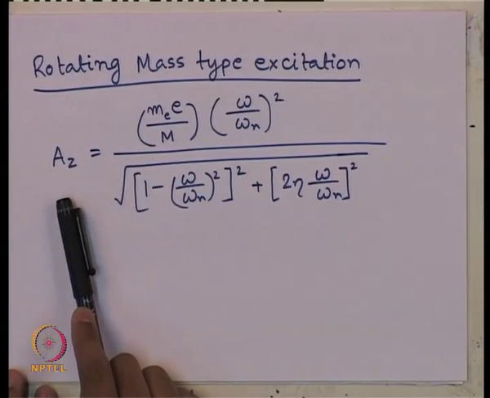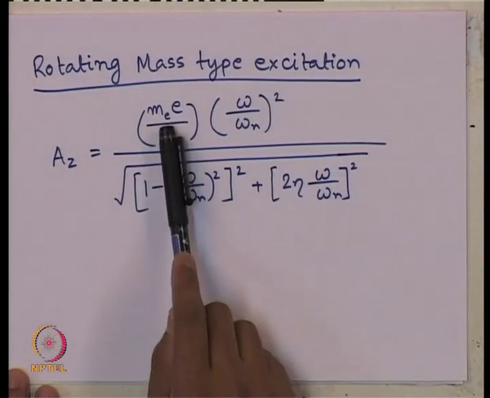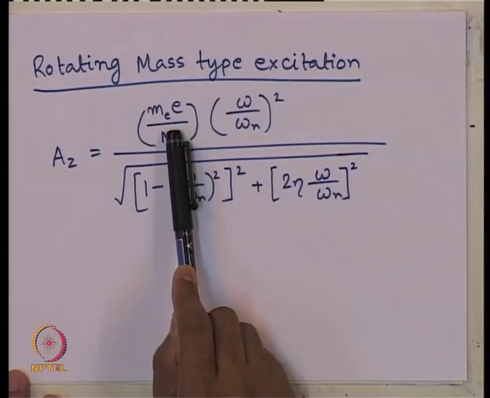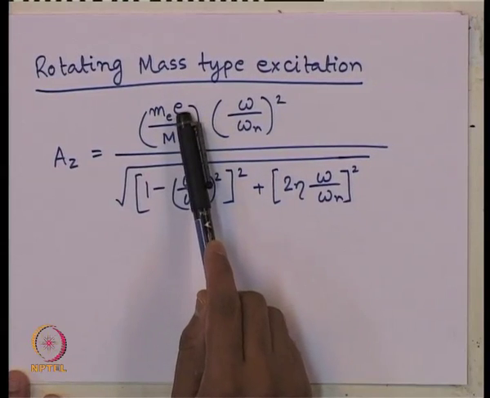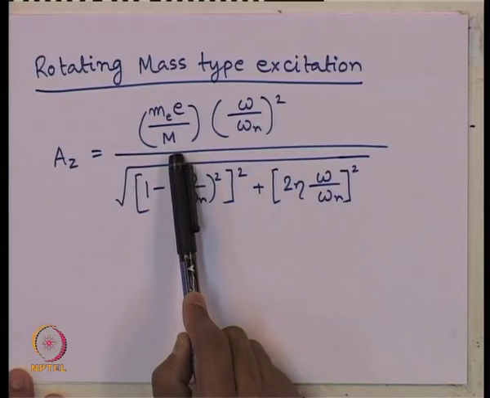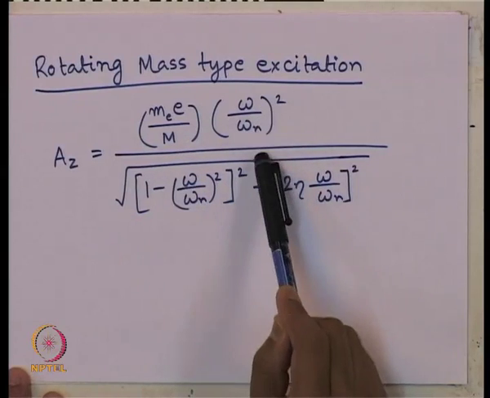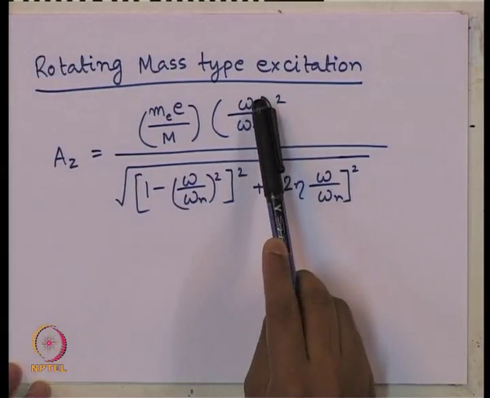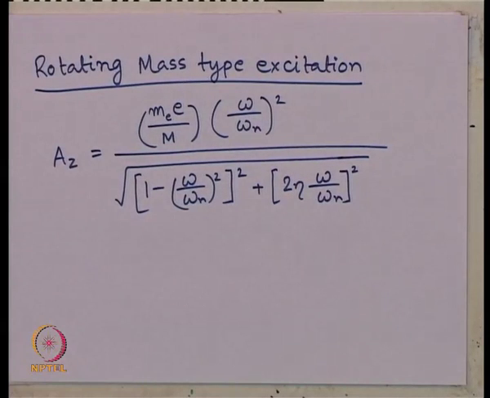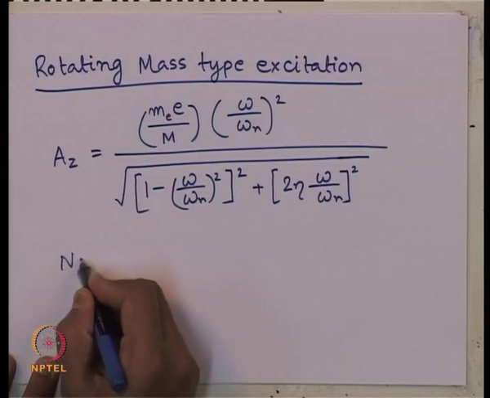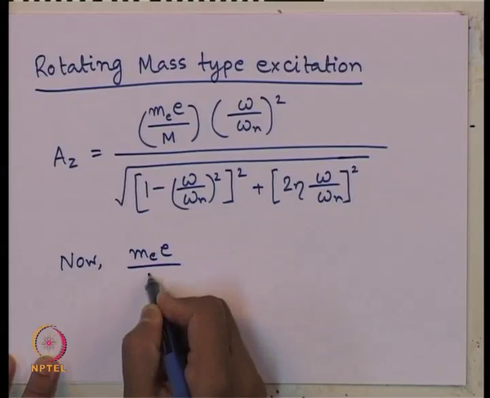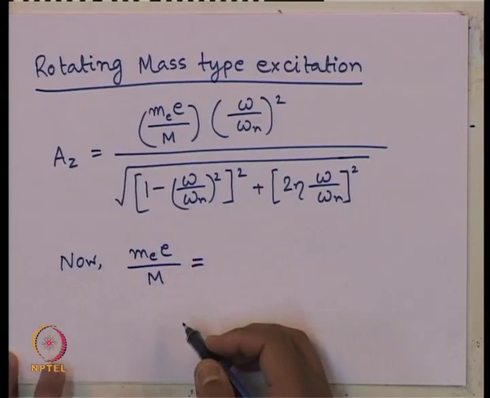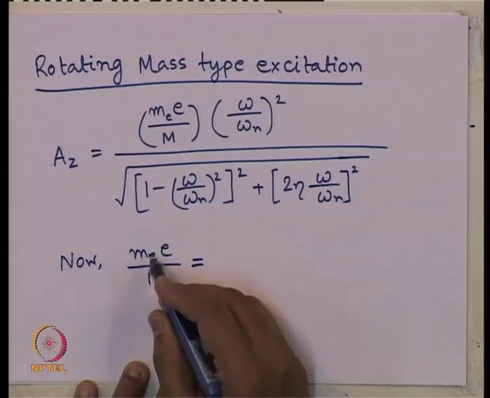This is at operating frequency, given by this expression, where m e is nothing but eccentric mass, e is the amount of eccentricity, m is total mass of the system, omega and omega n are exciting frequency and natural frequency. Okay. So, now for this m e e by m, this value is given to us. What is given?